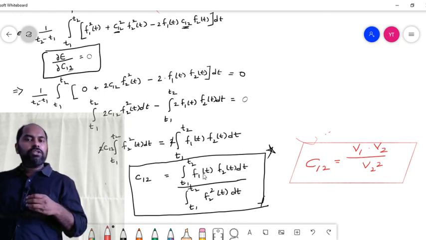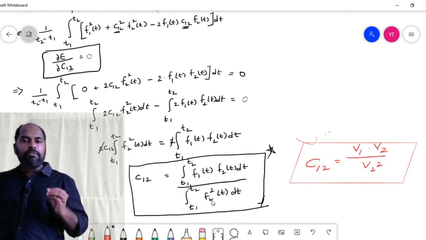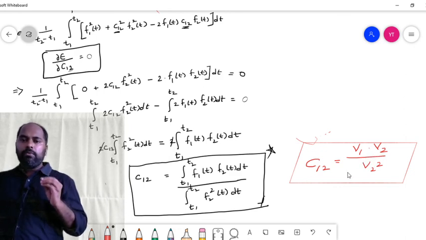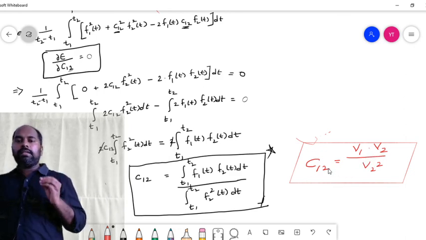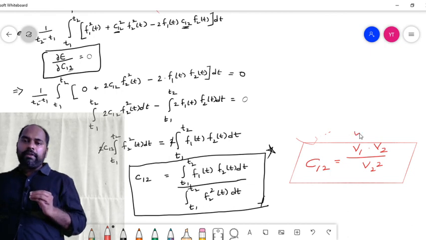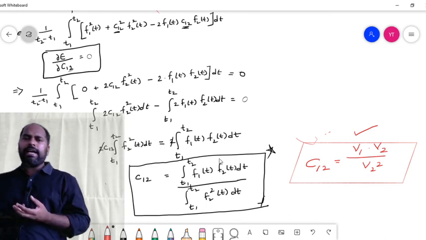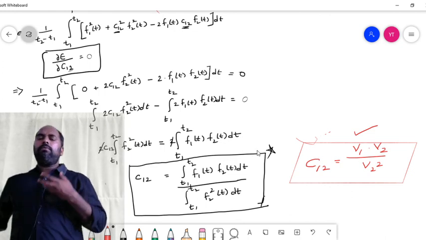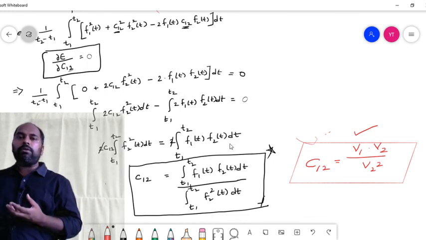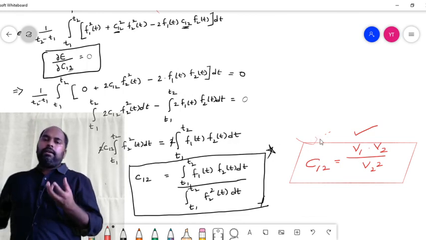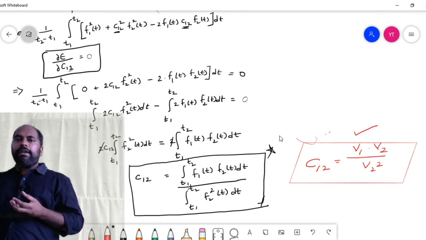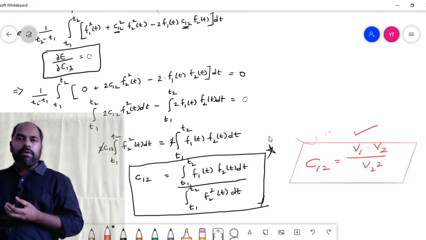F1 of t is the signal representation, F1 of t into F2 of t by F2 square of t, whereas C12 equal to V1 into V2 by V2 square. We have all the concepts of vectors and we are applying them to signals. We don't have direct formulas for signals. Simply remember the mean square error formula: epsilon equal to 1 by t2 minus t1 integral over t1 to t2 fe square of t dt.